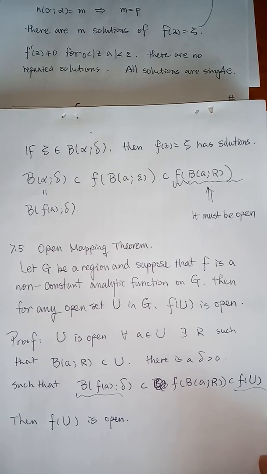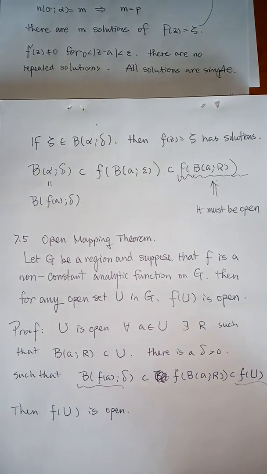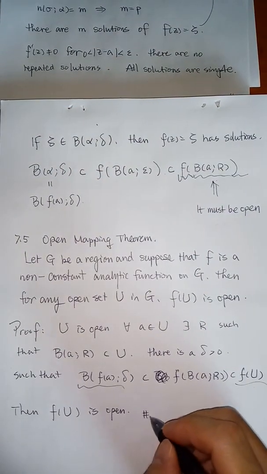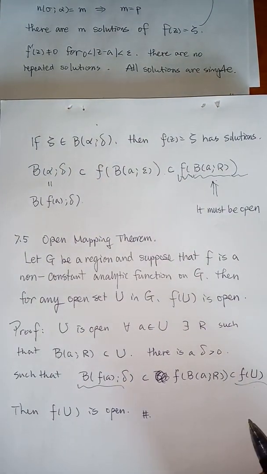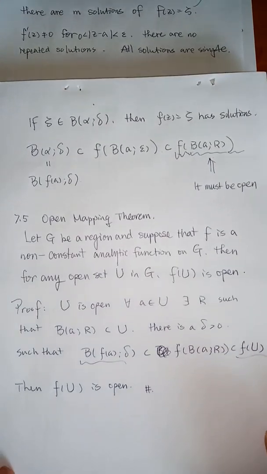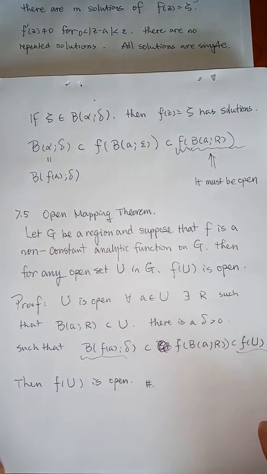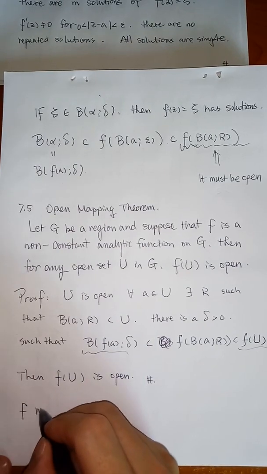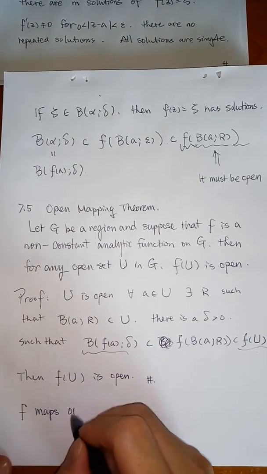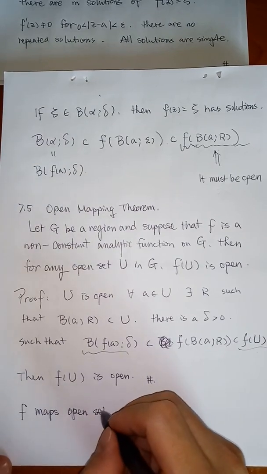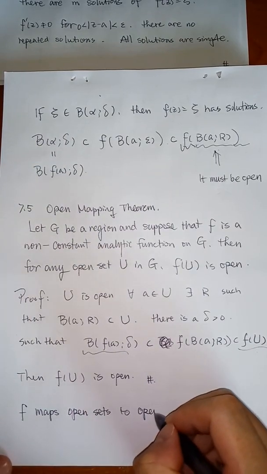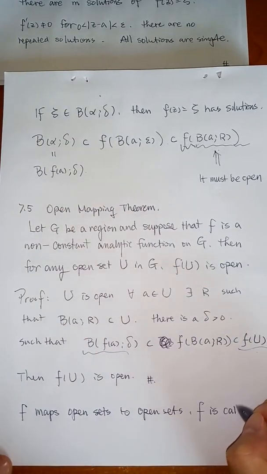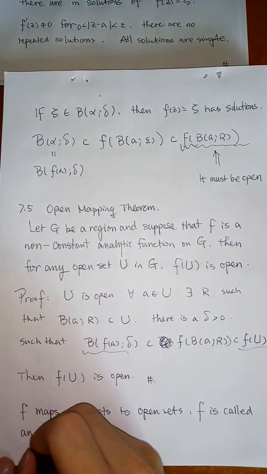Okay. So that's the end of the proof. And here let's get some topology. F maps open sets to open sets. F is called an open map.